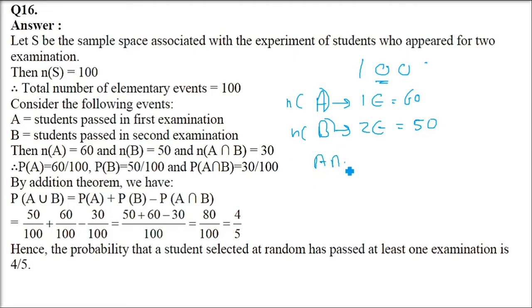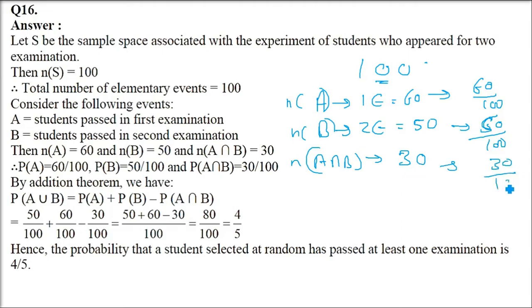So A intersection B is given here, both are passed by someone, so it's 30. So probability is easy. Favorable cases 60, 100 is the total number of cases, 50 by 100, and here we have 30 by 100.